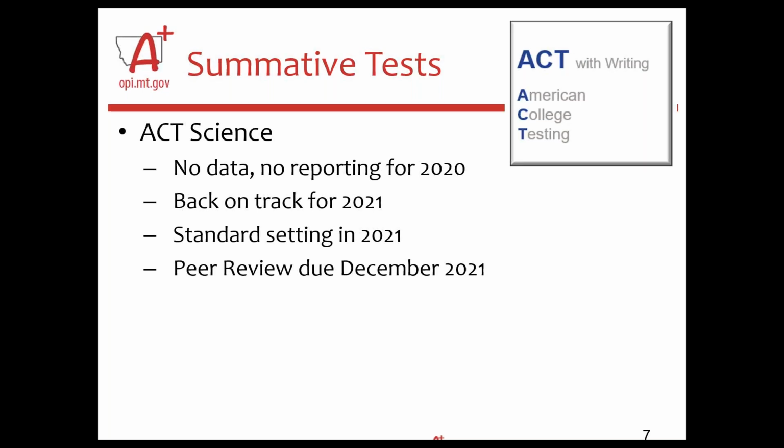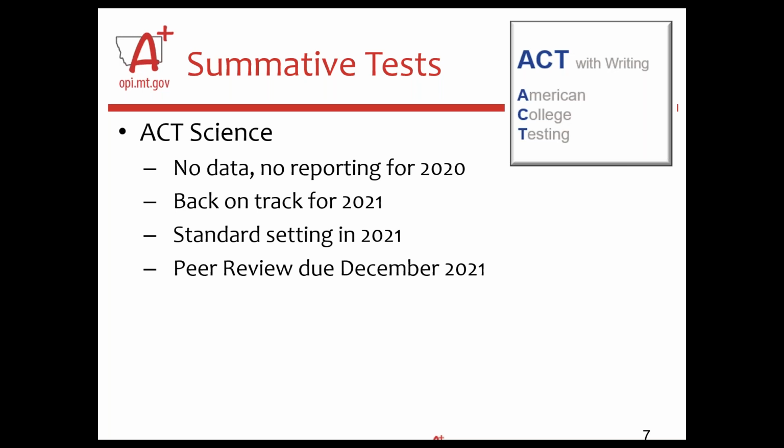Beginning this spring in 2020, the ACT science subject test was to have been used as Montana's measure of high school readiness in science. Due to the pandemic-related cancellations, our activities related to this were a little bit interrupted. And so we do anticipate ACT testing for all subjects will be on track for spring 2021.